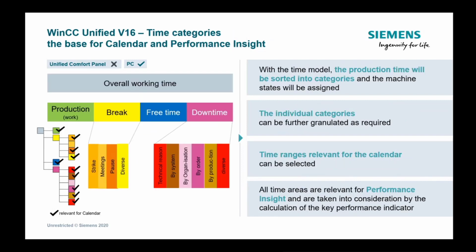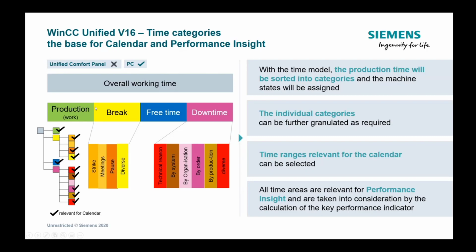One thing that we'll have a look at when we go through the live demo is this standard time model. Both the options that we use, calendar and Performance Insight, require the definition of a time model that we can use throughout our project. This is the definition of when we have time to actually produce, when is planned uptime, when is planned downtime, and then we can start looking at unplanned downtime.